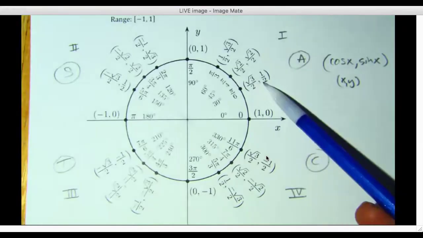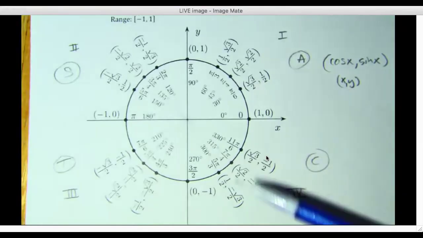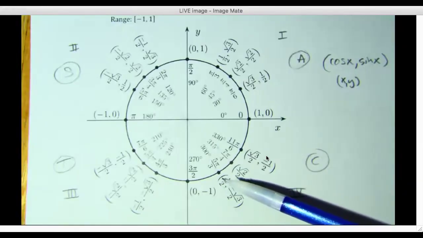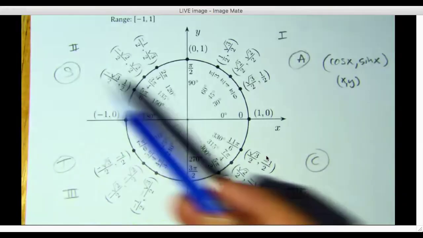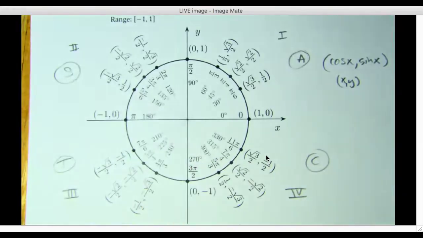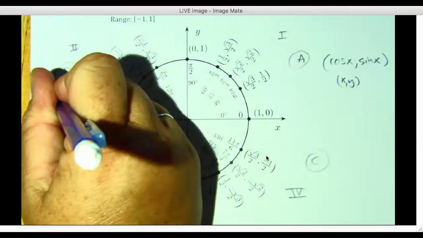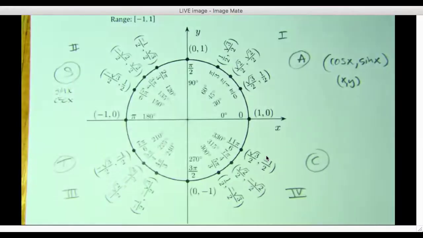In quadrant 1, all 6 trig functions are positive: sine, cosine, tangent, cosecant, secant, and cotangent. In quadrant 2, sine and its reciprocal function are positive, and the other 4 are negative. So sine of x and cosecant of x are positive here, and everything else is negative.